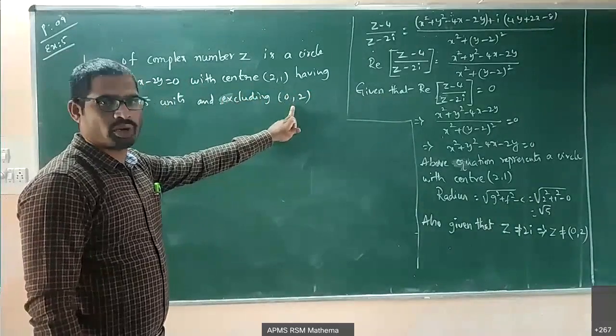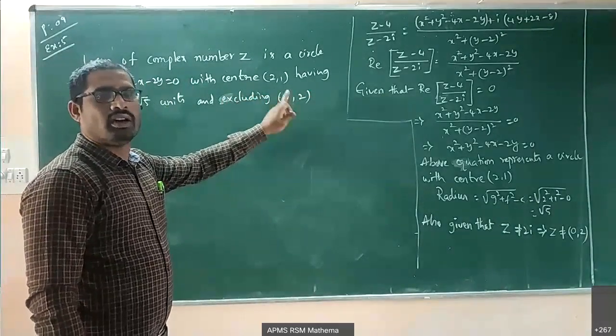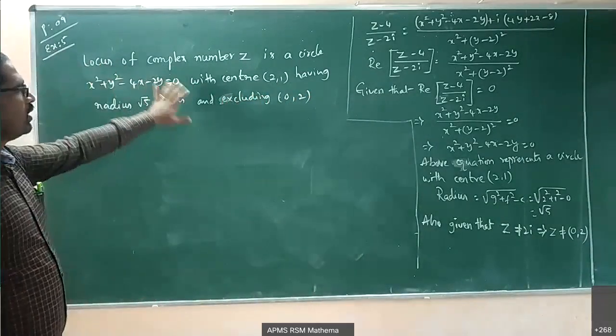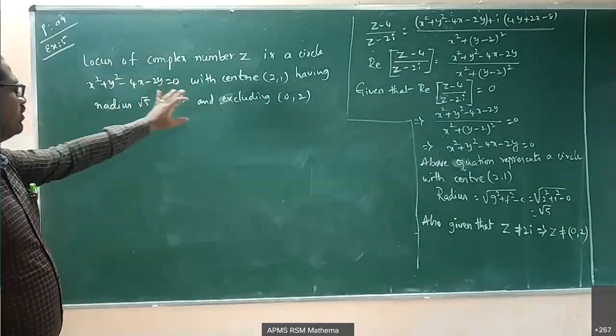So this point cannot be on that locus. So this is the locus of that complex number Z.